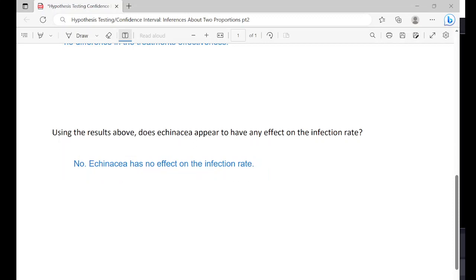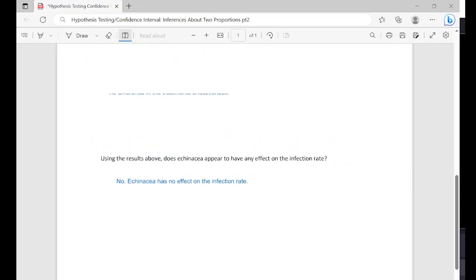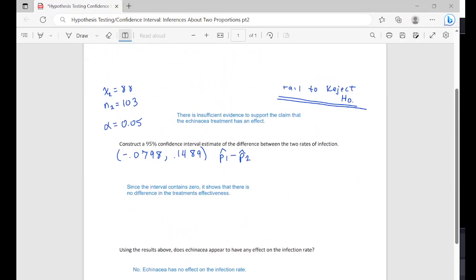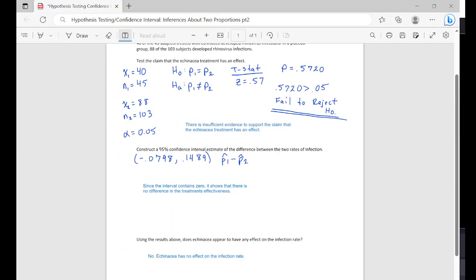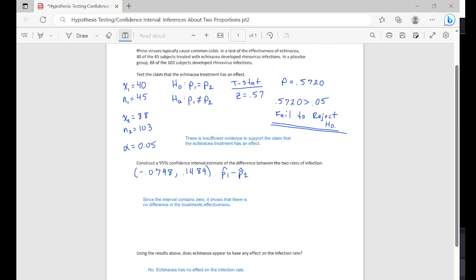Again, simplest is easiest. Does it appear to have an effect? No. Echinacea has no effect on the infection rate. And there we go.